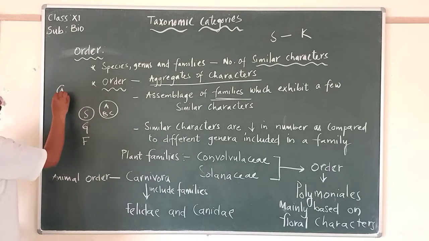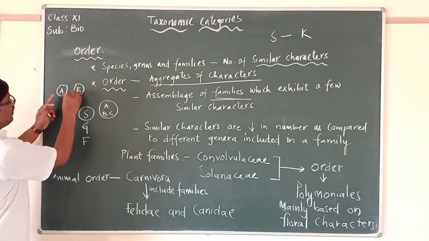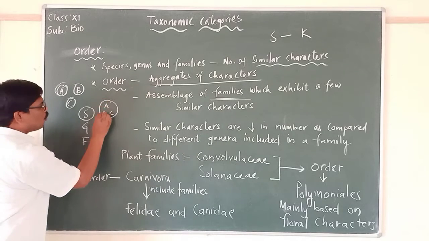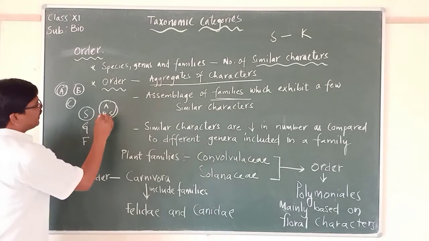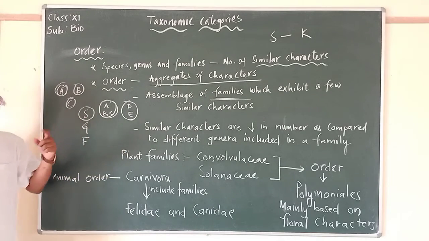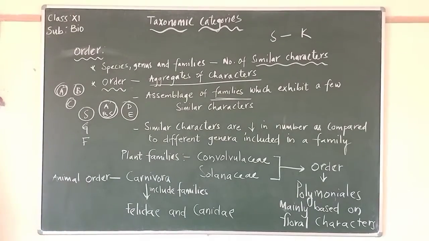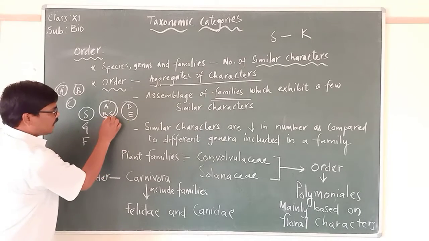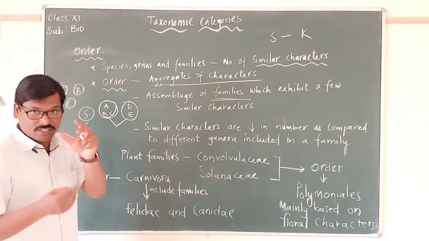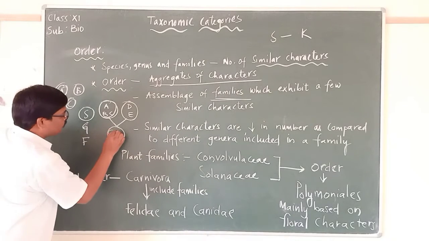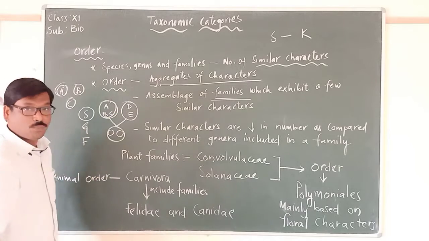We keep those species which share common characteristics into one genus, and like that D, E is another genus. If these genera share some similar characteristics, we place them in one family.